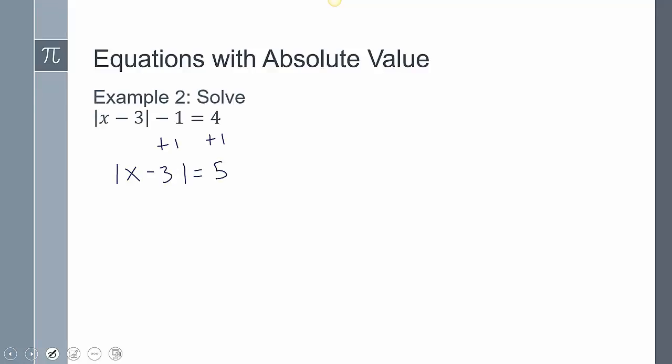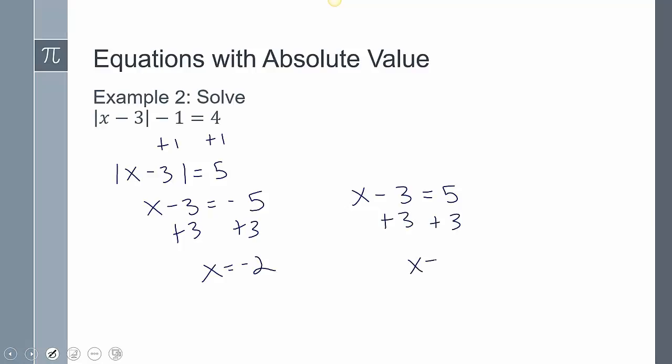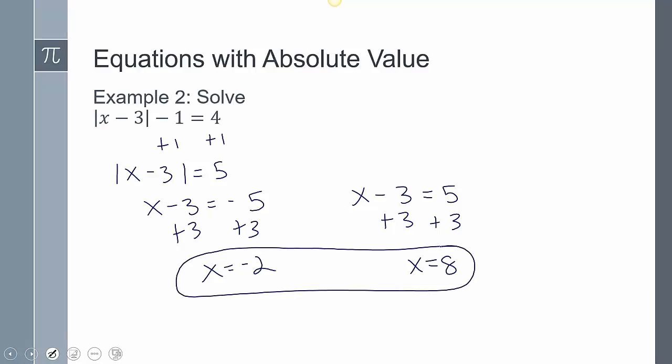Now what's inside equals the negative version, and what's inside equals the positive version. Add 3 to both sides, x equals -2. Add 3 to both sides, x equals 8. This would be my solution, and you can verify by plugging both -2 and +8 inside, and then you would get 4.